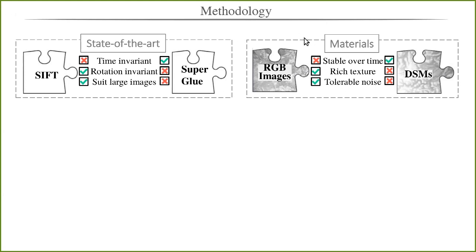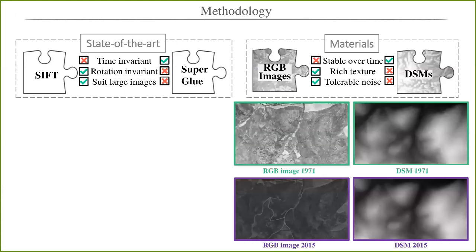As materials for matching, we have RGB images and DSMs. DSM stands for Digital Surface Model. It can be easily generated within each epoch with the SIFT or SuperGlue. Here, I displayed the RGB images from different epochs in the left column and the corresponding DSMs in the right column.